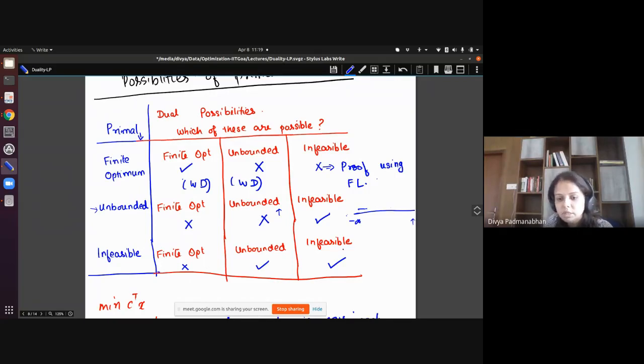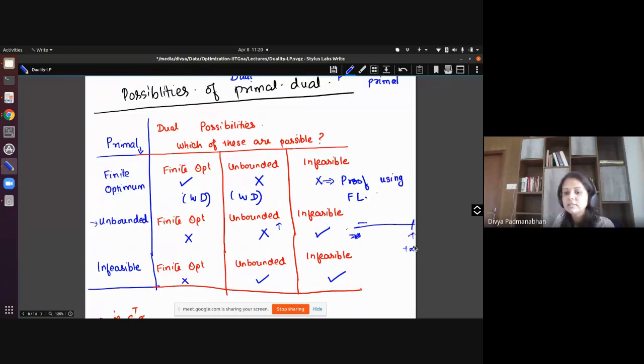Now in terms of the dual, when it's unbounded, it means the dual is somewhere here, at plus infinity. This is technically possible because there is nothing which is primal feasible, so there is nothing which binds the dual in any manner. That's the reason why we say that the dual can still become unbounded.